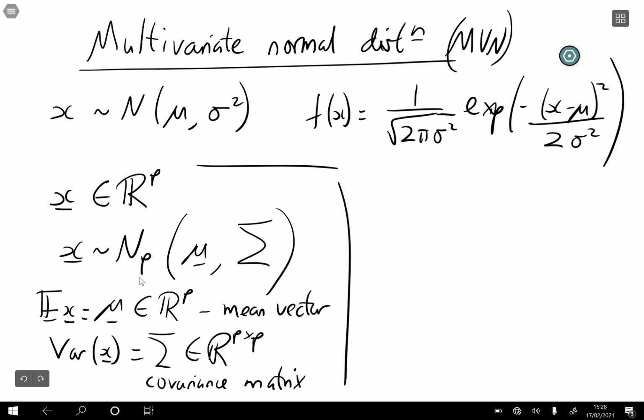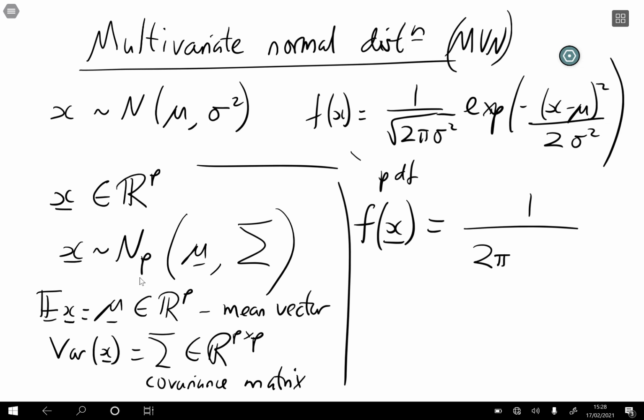Now its probability density function, the PDF, is very similar to the univariate case. So f of x, we still get 1 over something at the start. We're still going to have a 2 pi, but now, instead of sigma squared, we get the matrix Sigma, and we have to take the determinant of that and then square root it.